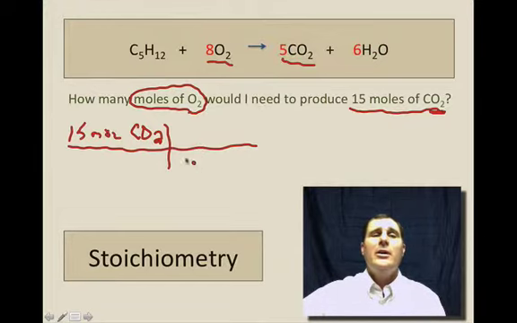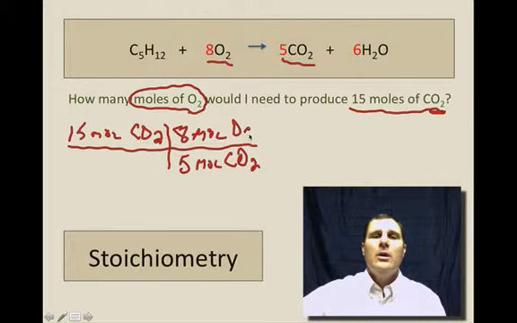But I want carbon dioxide to cancel out. So since carbon dioxide's on top here, if I want it to cancel out, I have to put carbon dioxide on the bottom here. So I'm going to write 5 moles of CO2 is equal to 8 moles of O2. Perfect. Moles of CO2 cancels with moles of CO2. I'm left with moles of O2.